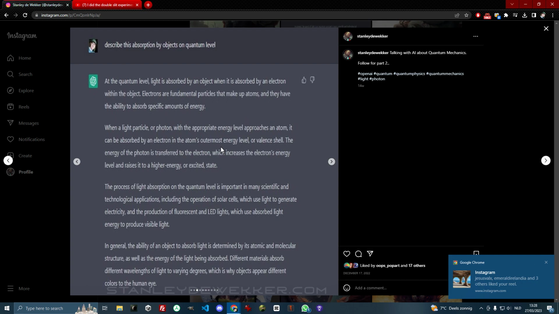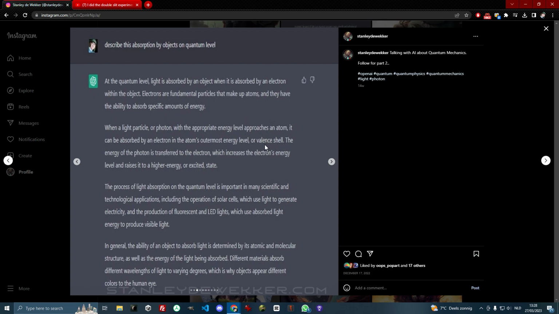And then of course it talks about the valence shells, and this is important because when the electron gets this energy from this light, it doesn't want to stay at the same valence shell. It wants to go one up, or it gets this extra energy and can do more now than it did before.